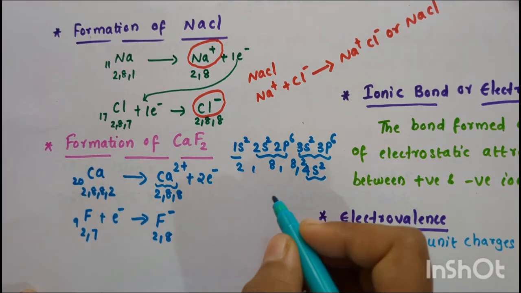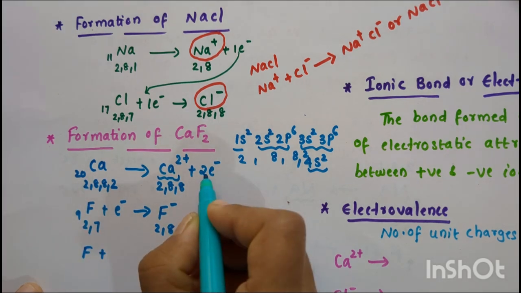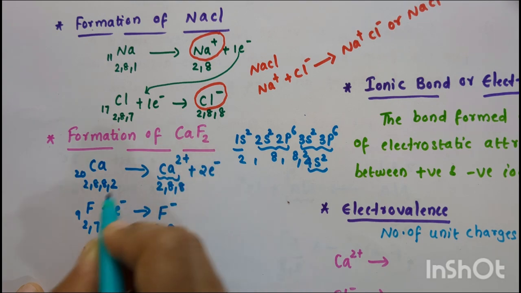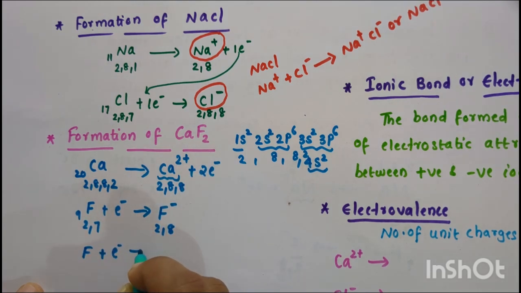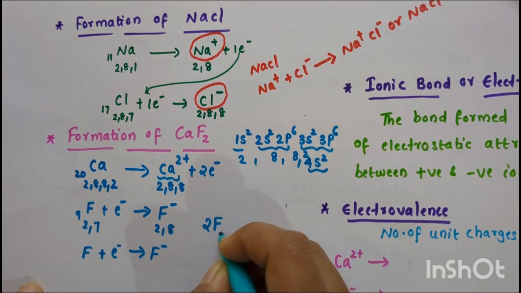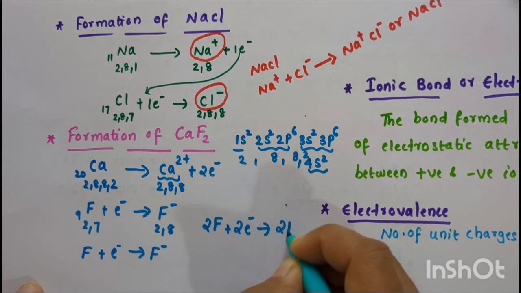There are 2 fluorine atoms. So, the second fluorine atom will also gain, because there are 2 electrons lost by calcium. So, 1 electron is gained by one fluorine atom, the other electron will be gained by another fluorine atom and it also will become F minus ion. So, together we can write 2 fluorine atoms, they gain 2 electrons and become 2F minus.